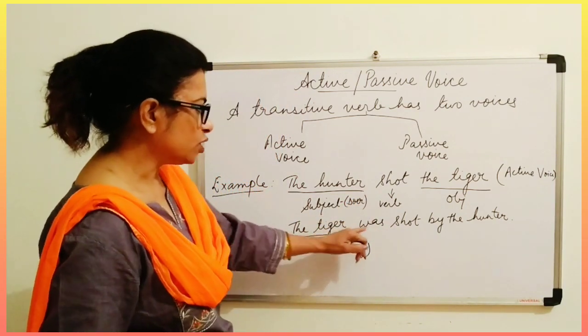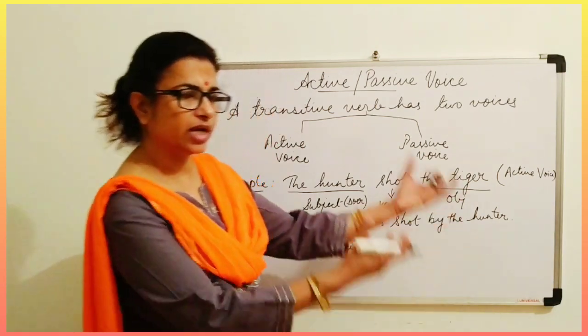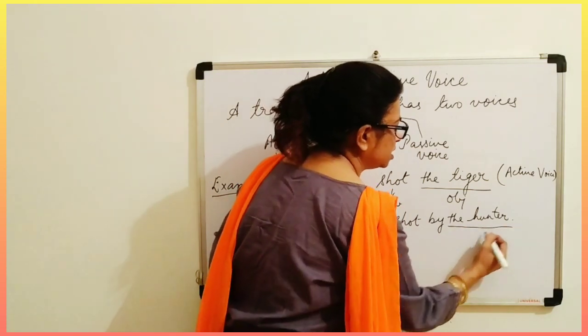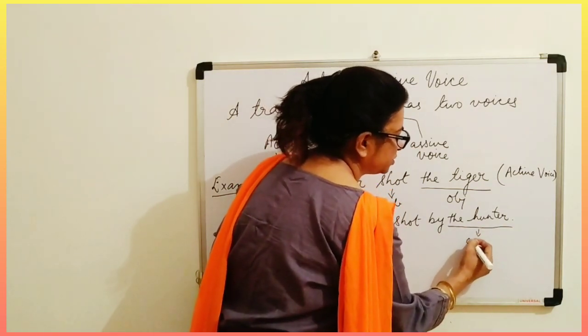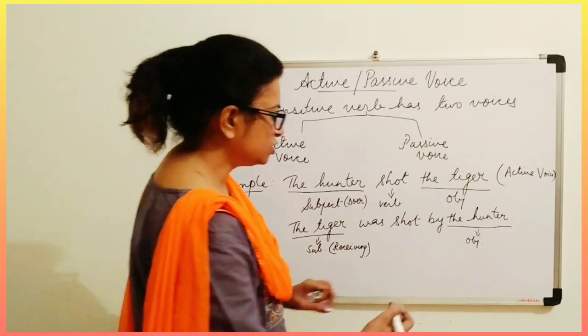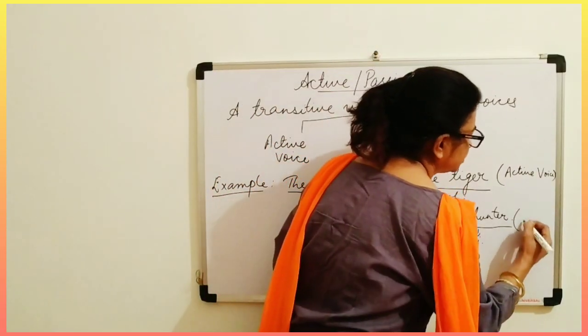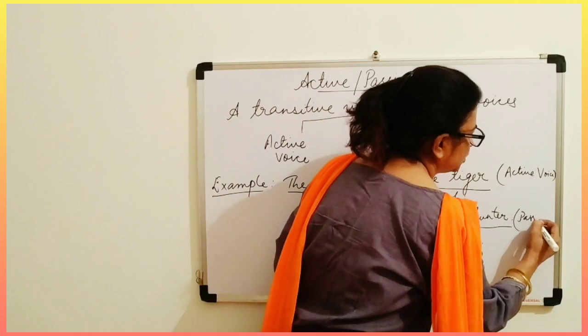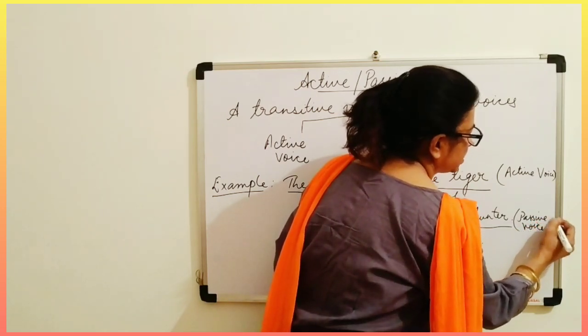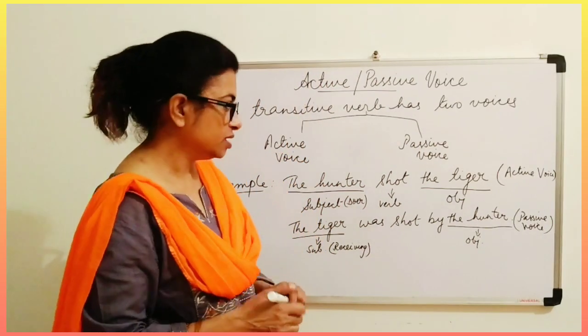The tiger was shot by the hunter. Now here the hunter becomes the object. So this voice we call passive voice.